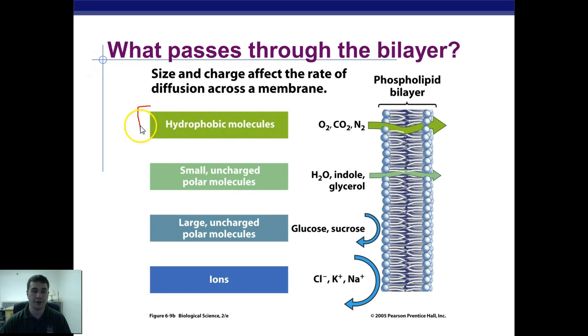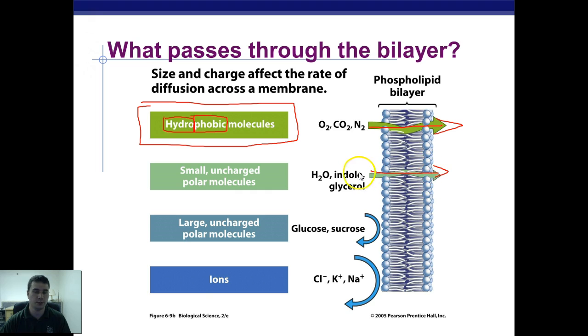The first thing are hydrophobic molecules, meaning water-hating or water-fearing. And things like oxygen, CO2, nitrogen, they'll pass right through the membrane without any issues whatsoever. You also have small uncharged polar molecules like water, glycerol, things like that.